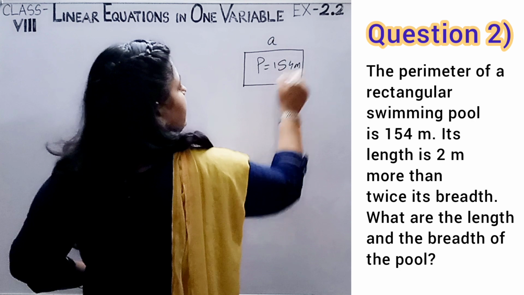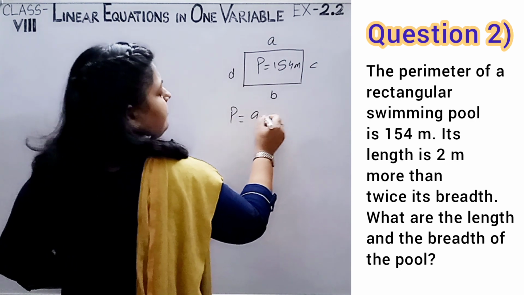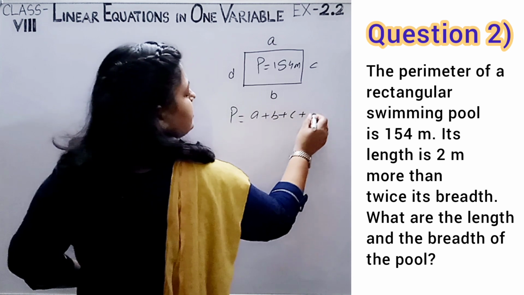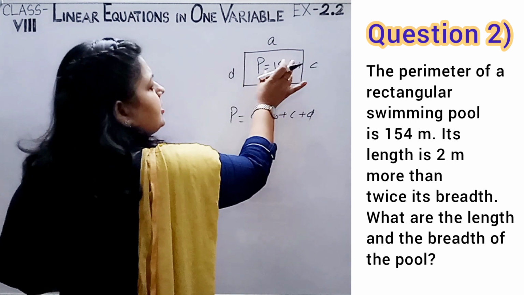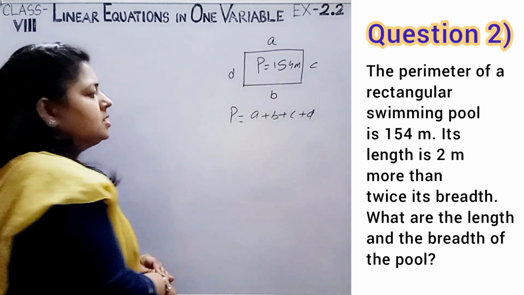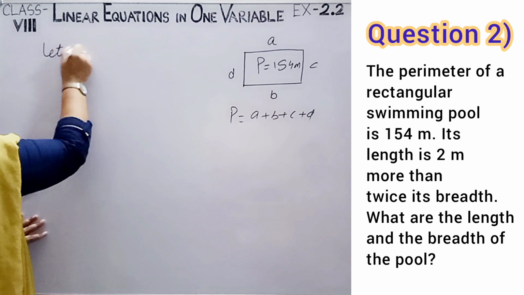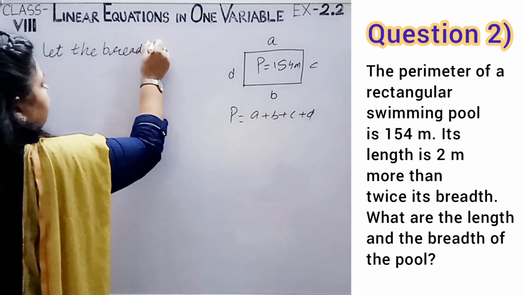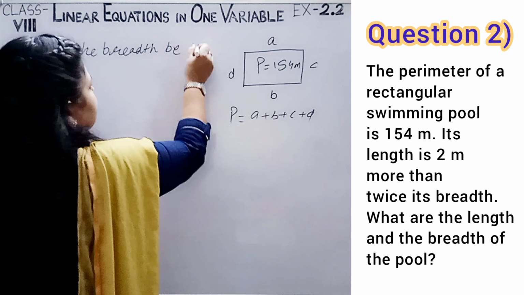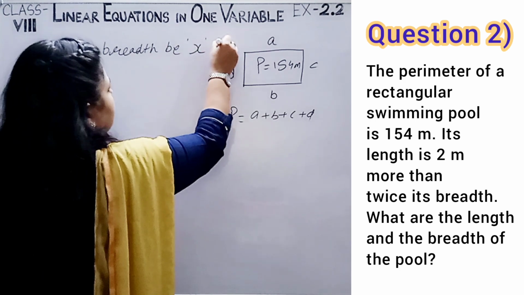It means A, B, C, D. It means perimeter is A plus B plus C plus D. So we have to find out this and this part, but the perimeter is already given. So now come to the question. Let the breadth be x meter.